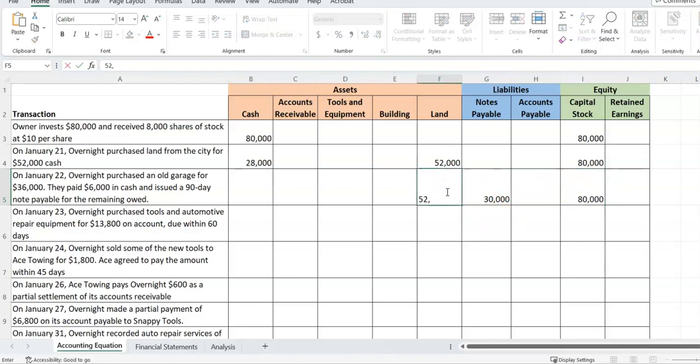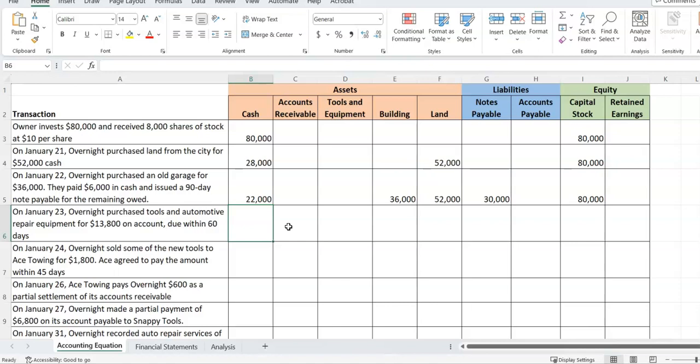We still have land at $52,000. Now we have a building worth $36,000. And we have $6,000 less in cash because we paid $6,000 in cash. Our accounting equation still balances. So we still have equal liabilities plus equity and assets.